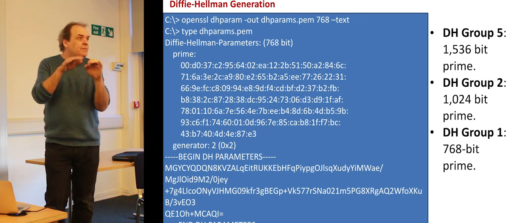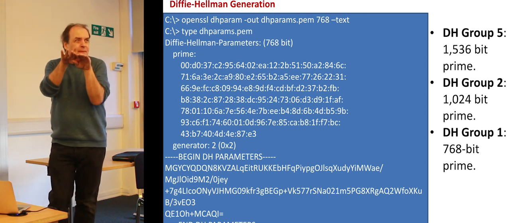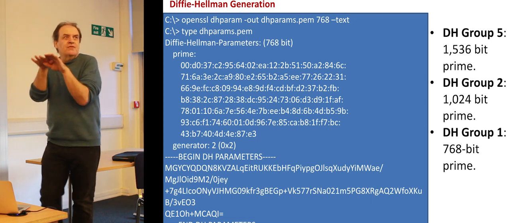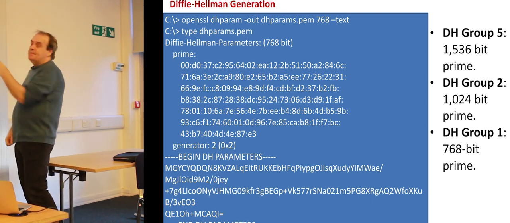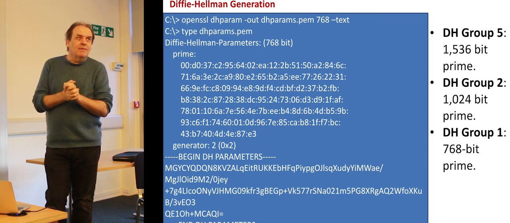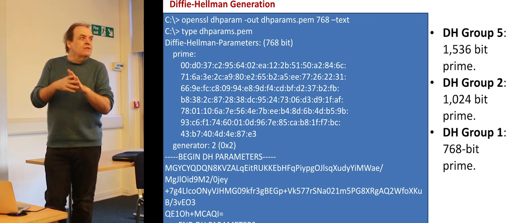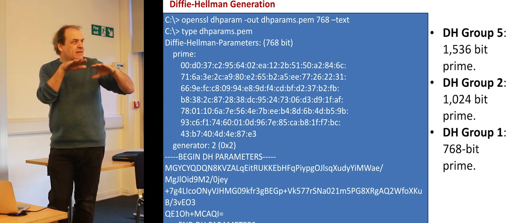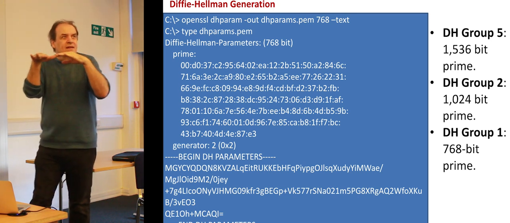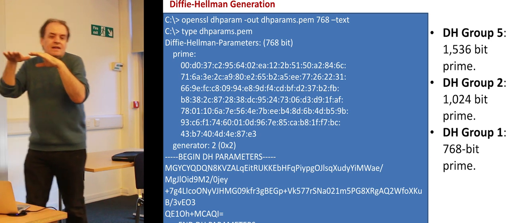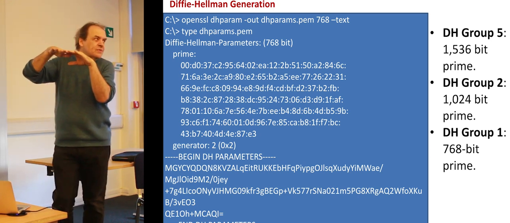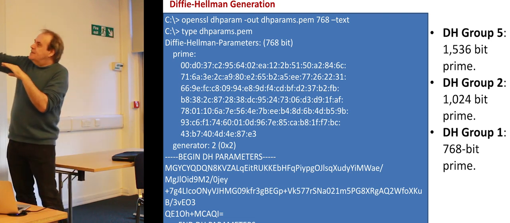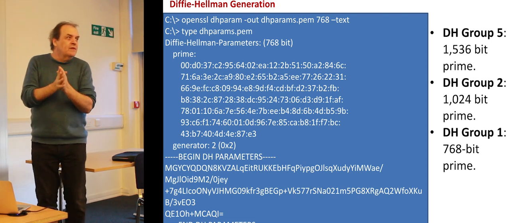That's group 1, the minimum level of Diffie-Hellman parameters, a 768-bit prime number. But don't do that. That's at the cusp of being cracked by law enforcement agencies. The generator value, can anybody see what the g value is?